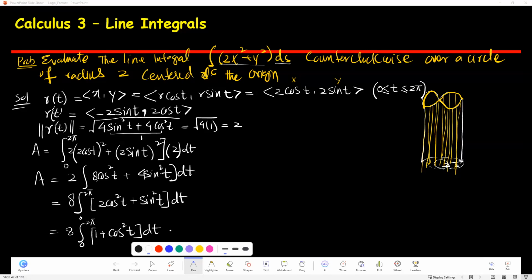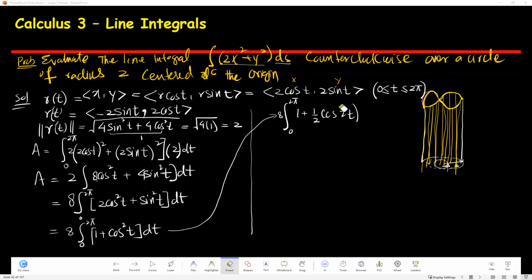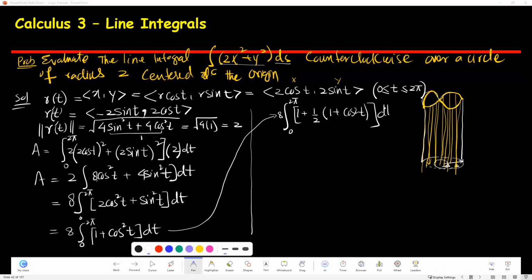I can also write it as 8, 0 to 2 pi, 1 plus cos square t, which can also be written with this formula as 1 plus half, and sorry, it's not going to be like this, there's more: half of 1 plus cos 2t, and then dt.